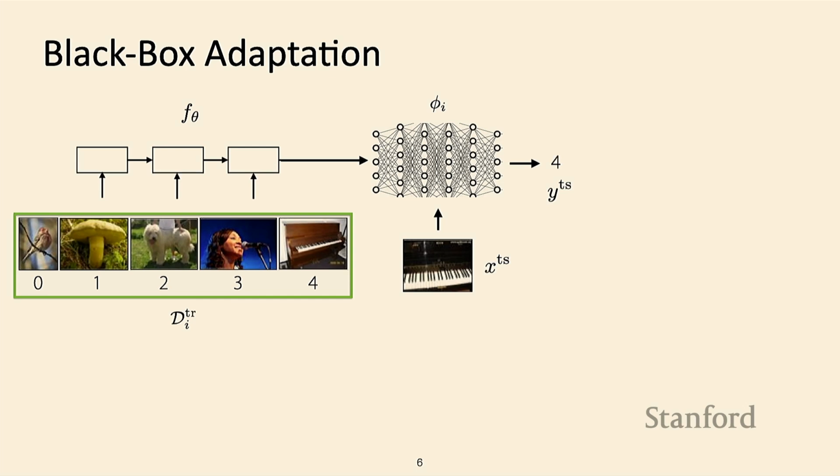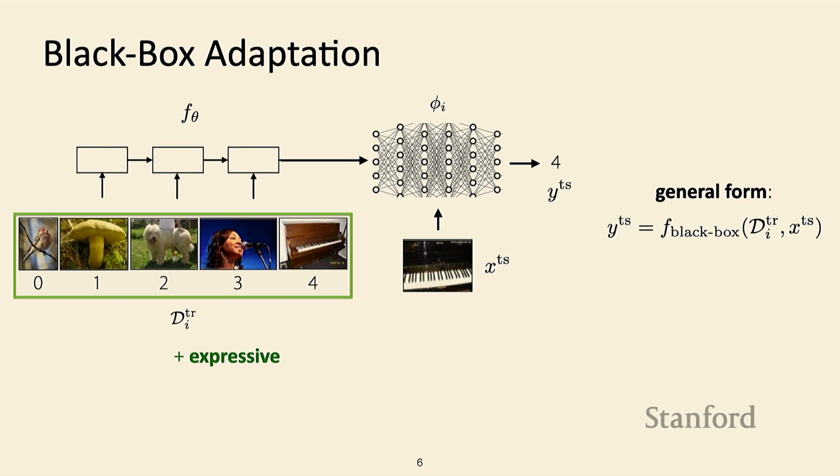We also talked about a second version of this where it's not explicitly outputting the parameters of an entire neural network. It's simply giving you, for example, another hidden state of that RNN, and then you can again pass that through the last module or the last time step of the RNN. So this has a more general form where we're passing in a training data set and a test input into some function, and we're making a corresponding prediction.